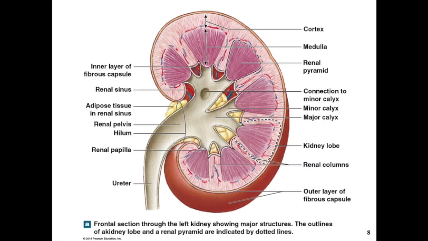This is a better view of the kidney. For us, this is not an anatomy class, but it's important to keep in mind that we have a fibrous capsule. The fibrous capsule is not so important for physiology, but it's more important for pathophysiology, because structures that have a capsule have a limited space.